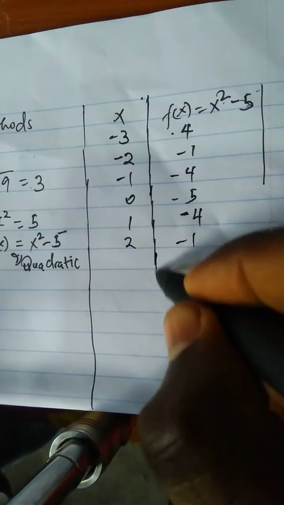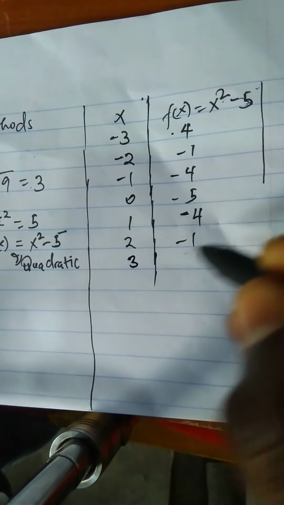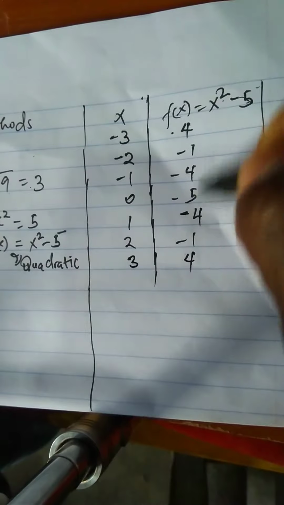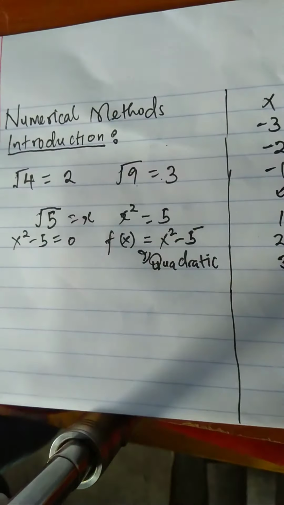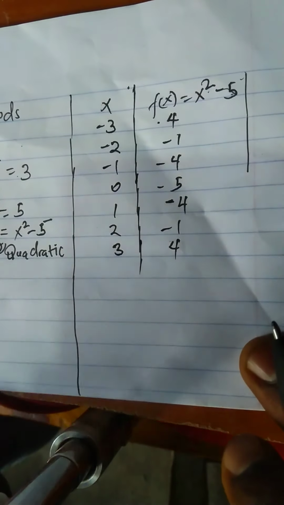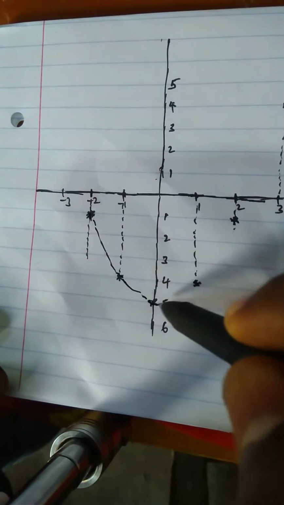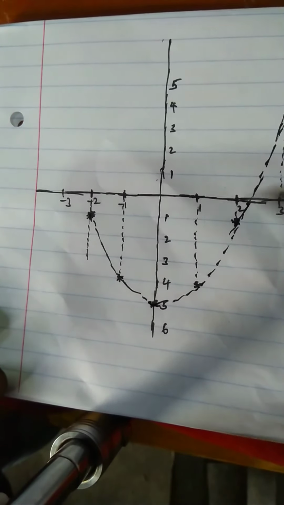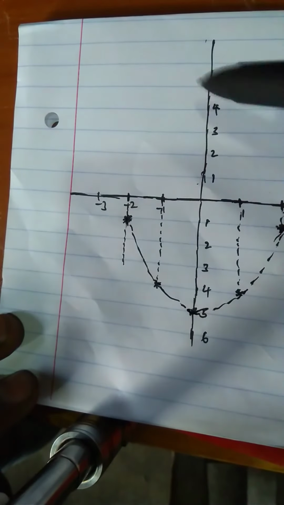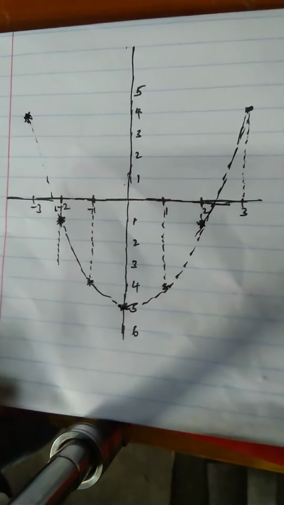As you can see, it's either a positive curve or a negative curve. 3 squared brings us back to 4. So if we draw the following, this is our quadratic equation and this is our table of function. If you draw the curve for this equation, we notice that if you trace our function, as we can see by just sketching, it runs from positive 4, as we have seen in this table of function.